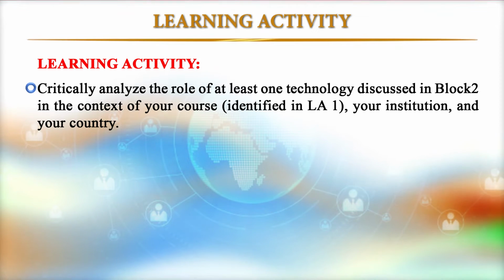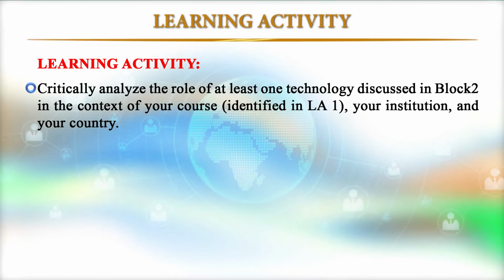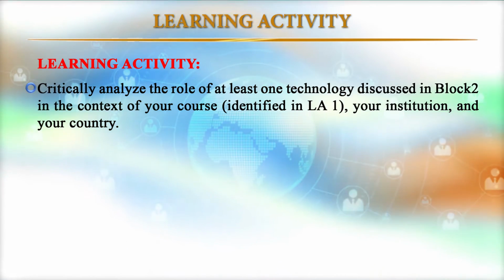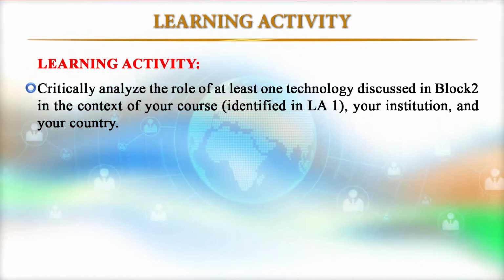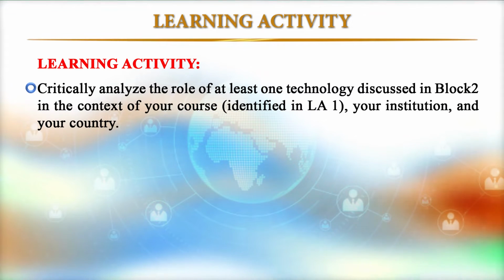That means your course is the one you identified of your choice in learning activity 1. That will continue from learning activity 1 up to learning activity 10. So, you have to carry forward the course of your choice from activity 1 to activity 10.